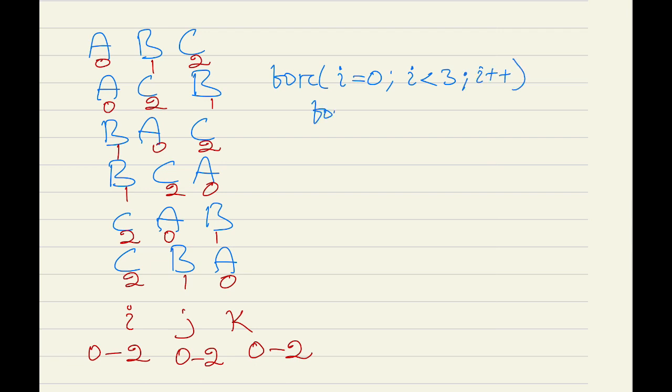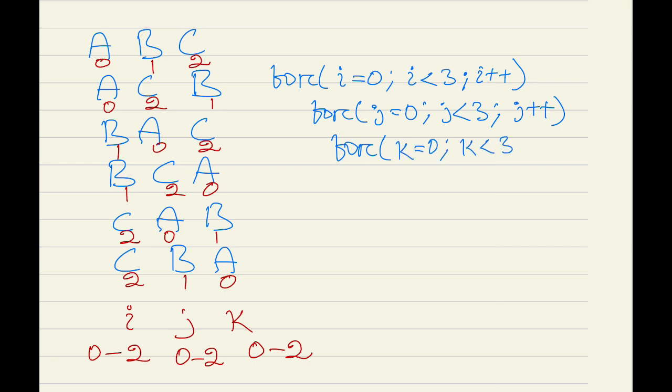Then again we can write for j equal to 0, j less than 3, j plus plus. Then again for k equal to 0, k less than 3, k plus plus. That means we are writing three variables i, j, k, and the values of i, j, k vary from 0 to 2, 0 to 2, 0 to 2.